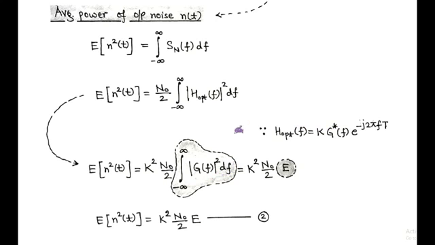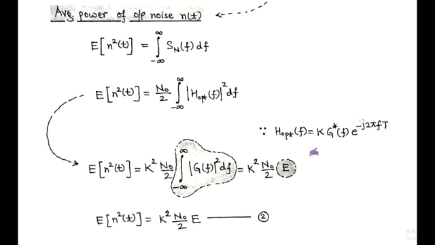Since G(f) is a complex function, |G star(f)| square is equal to |G(f)| square, and we know that the mod of e to the power minus j2 pi fT is equal to 1.